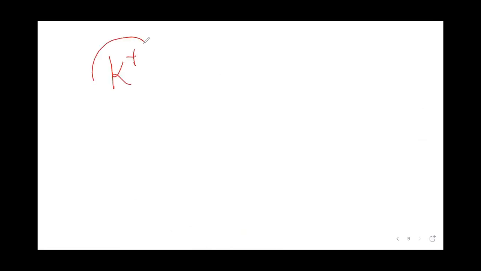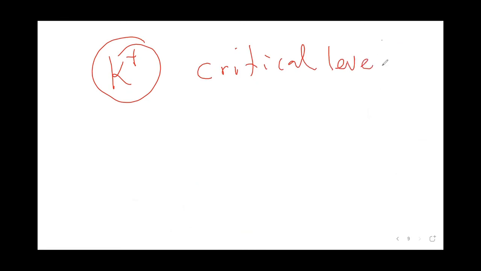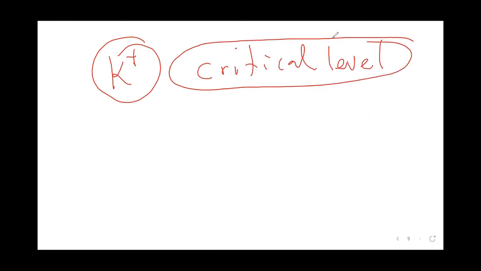Potassium is very essential in neuromuscular function and cellular metabolism. Now, when the potassium loss in the urine gets to a critical level, the body's neuromuscular metabolism cannot tolerate this critical level.